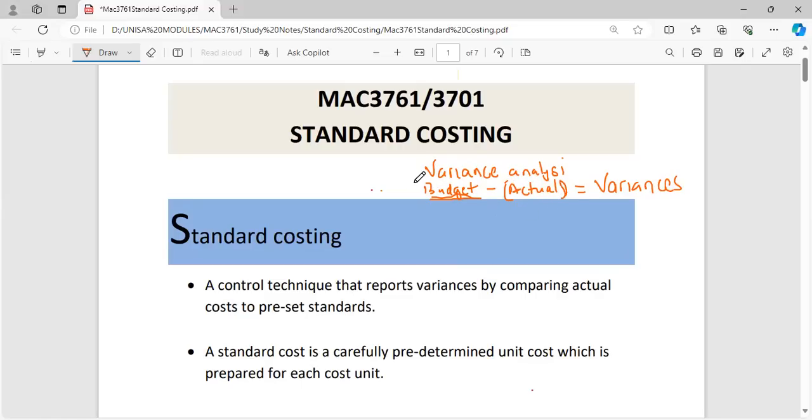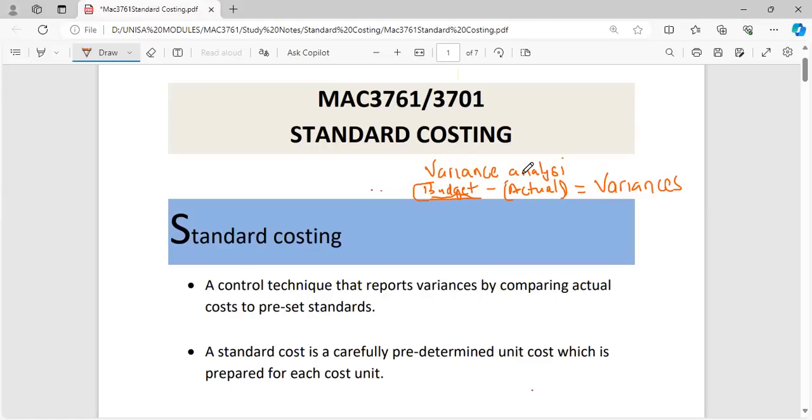The reason why a company should have budgeted figures is for them to be able to operate. Remember, they have to operate from the beginning of the financial year before they start preparing their financial statements. So in that regard, they should have budgeted figures. And when determining budgeted figures, we always use our previous actual figures.